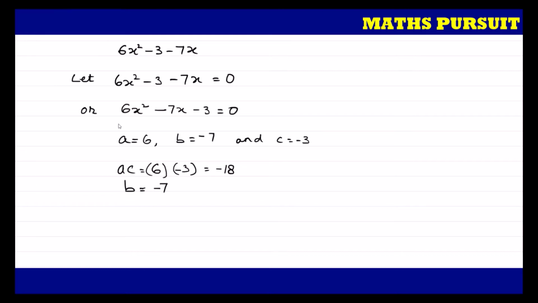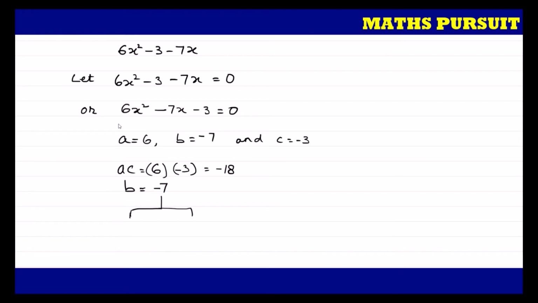Now we need to split this minus 7 in such a way that if we add we get minus 7, and if we multiply we get AC, that is minus 18. So let's see in what way we are going to split this b.